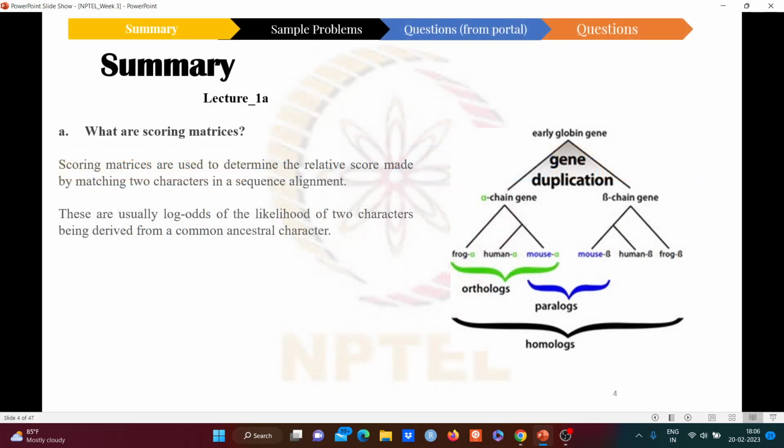Okay, starting with lecture 1. In the previous week and before, we discussed how to measure sequence similarity as well as sequence alignments.